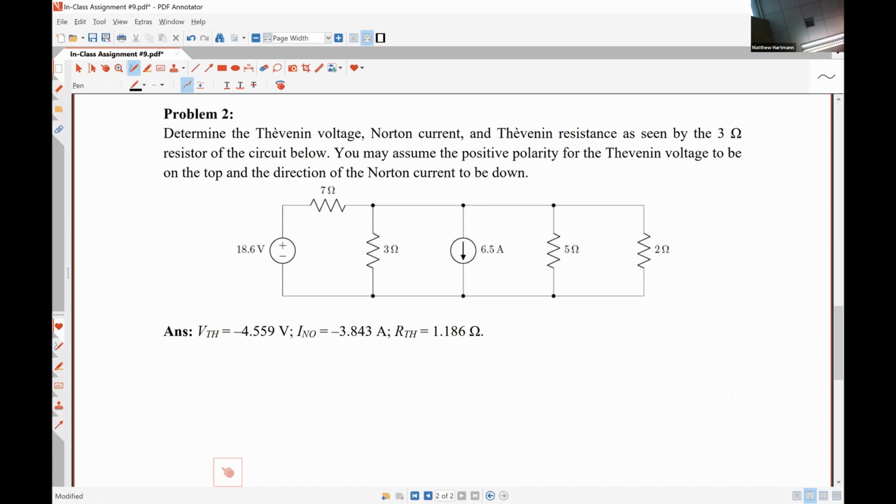So what that means is that we need to disconnect that resistor and then measure the open circuit voltage where that resistor was. We need to short out that resistor, measure the Norton current through that short circuit, and then for the Thevenin resistance, we open circuit that 3 ohm resistor again and look into the dead network.